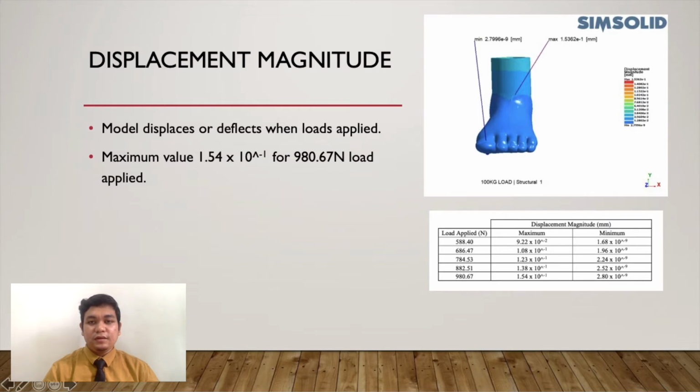Here we can see there are 2 points, the maximum and minimum displacement magnitude. The maximum value is 1.54 times 10 to the power of -1 for the 980.67 Newton or 100 kilogram load.